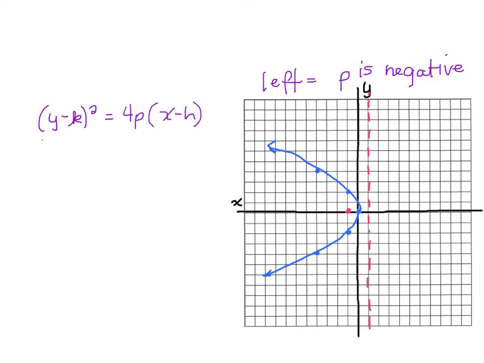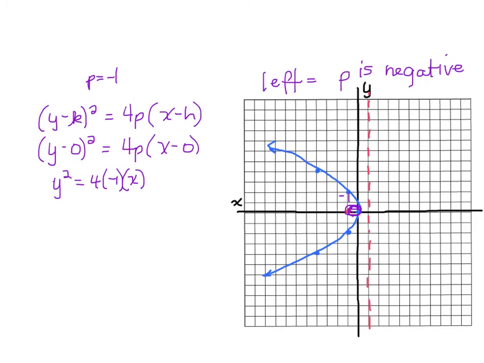My vertex is (0, 0), which is kind of nice. y minus 0 squared equals 4p times x minus 0. And this is my p, right? The distance from the vertex to the focus. But I'm going left, so that's going to be a negative 1 distance. So p equals negative 1. So I have y squared equals 4p times x. So y squared equals negative 4x.